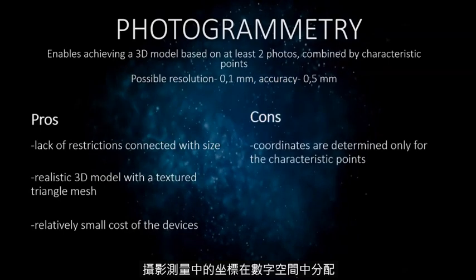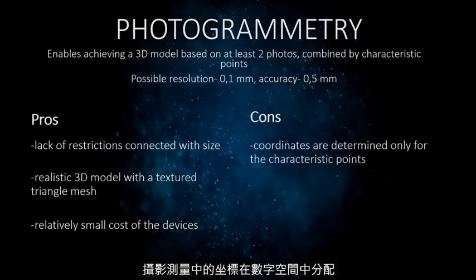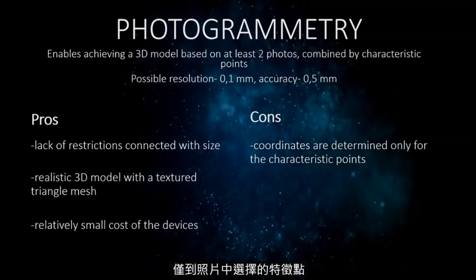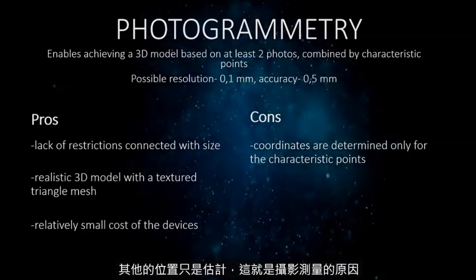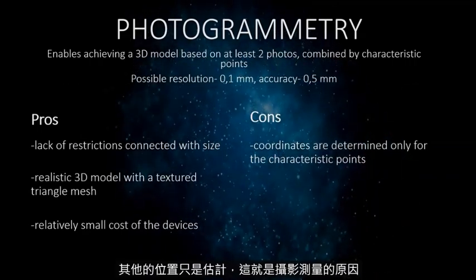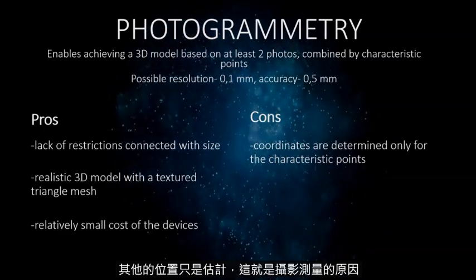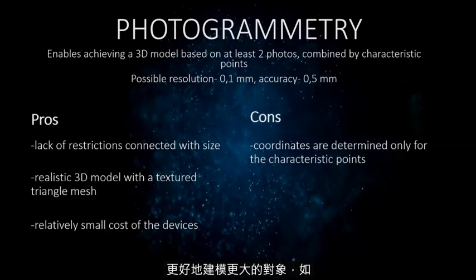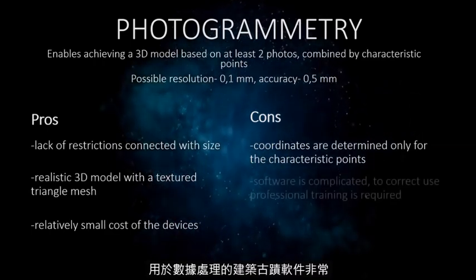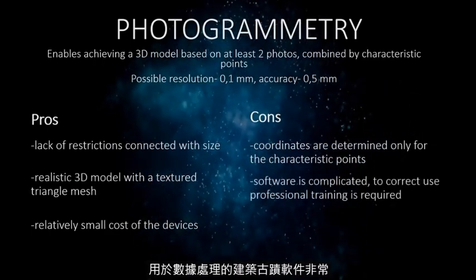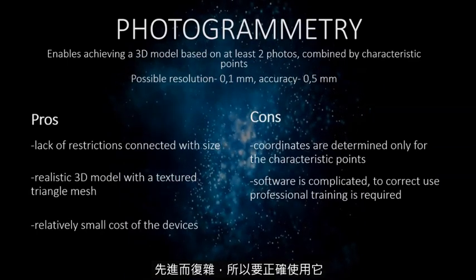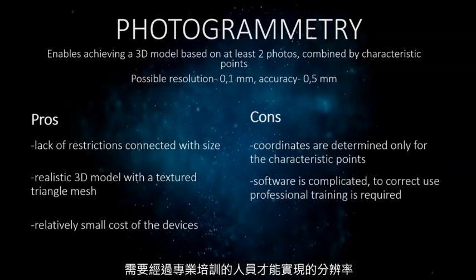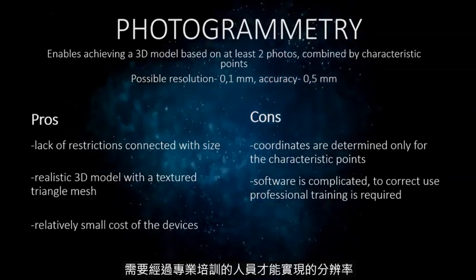Coordinates in photogrammetry are assigned in the digital space only to the chosen characteristic points from the photos. The location of others is only estimated. That is the reason why photogrammetry is better for modeling bigger objects like architectural monuments. Software for data post-processing is very advanced and complicated, so to use it correctly, professionally trained staff is required.